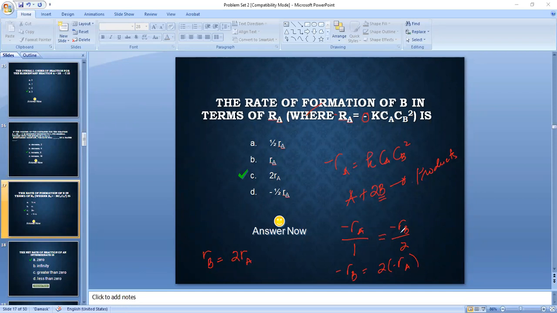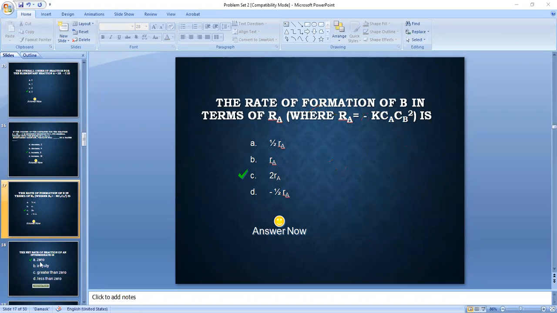It should be written as this one. Okay? The others are not acceptable because we are always basing relationships on rates, whether we have an elementary or non-elementary reaction, on the stoichiometric equation or on your reaction itself.